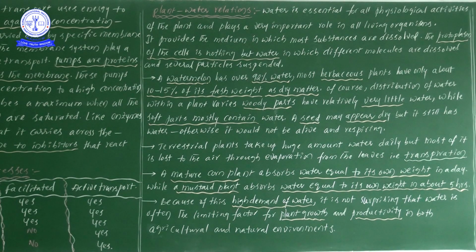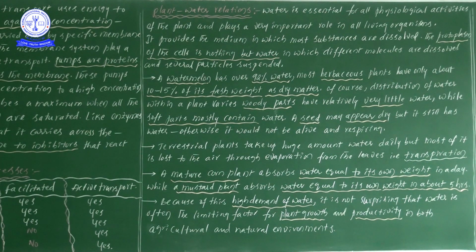But what is the point we are discussing here? Water provides a medium in which most substances are dissolved, and the protoplasm of the cells is nothing but water in which different molecules are dissolved. Protoplasm, the cytoplasm, is the liquid within the cell, and it is made up of water.